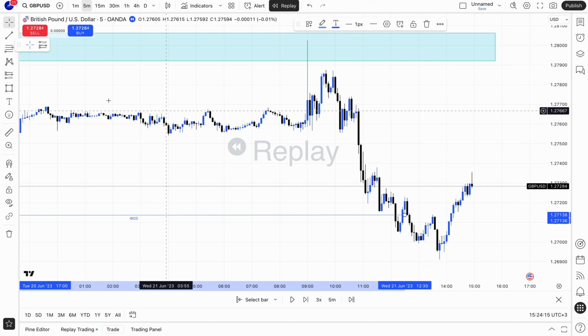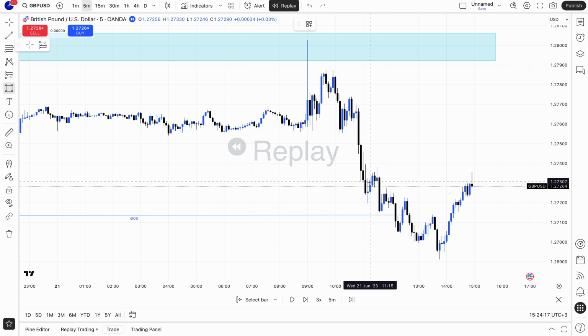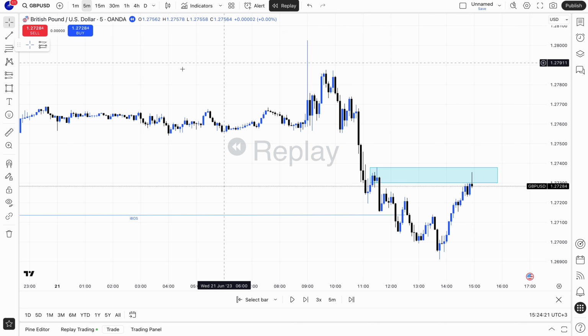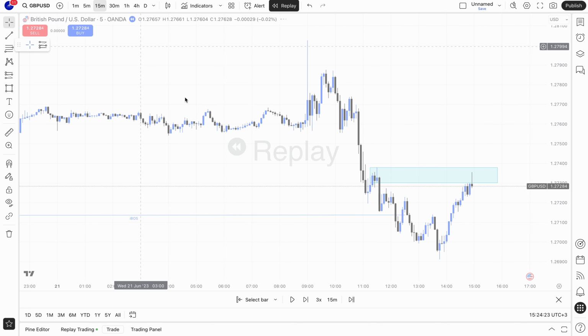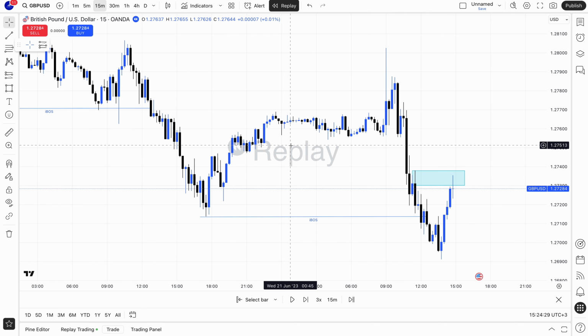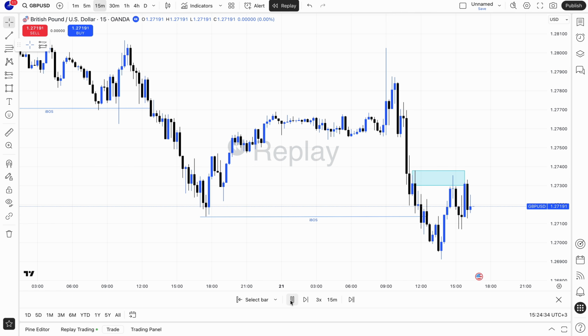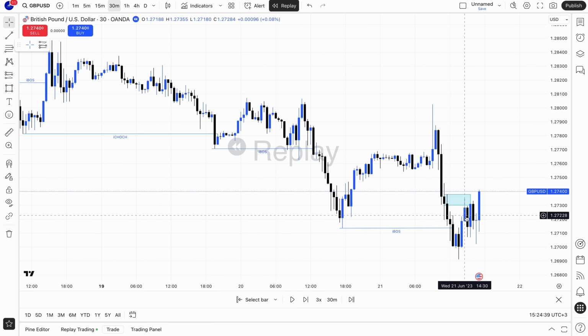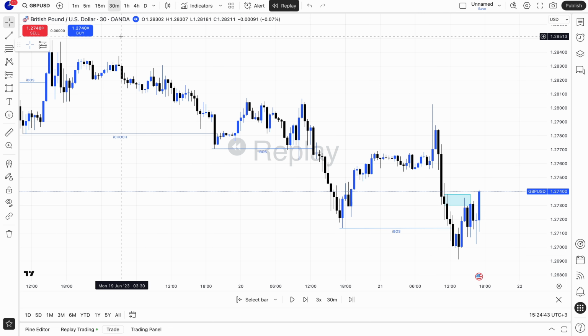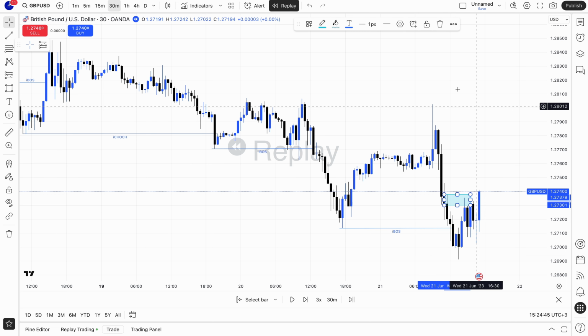Need to get that here. I have one supply zone just here. Let's see the reaction. But I prefer order blocks for 15 minutes, 30 minutes, and 1 hour. For 5 minutes it's a little bit too risky, but you can try them and see. It depends on your strategy. As you can see, I had a clean reaction from there, but still it's invalid.